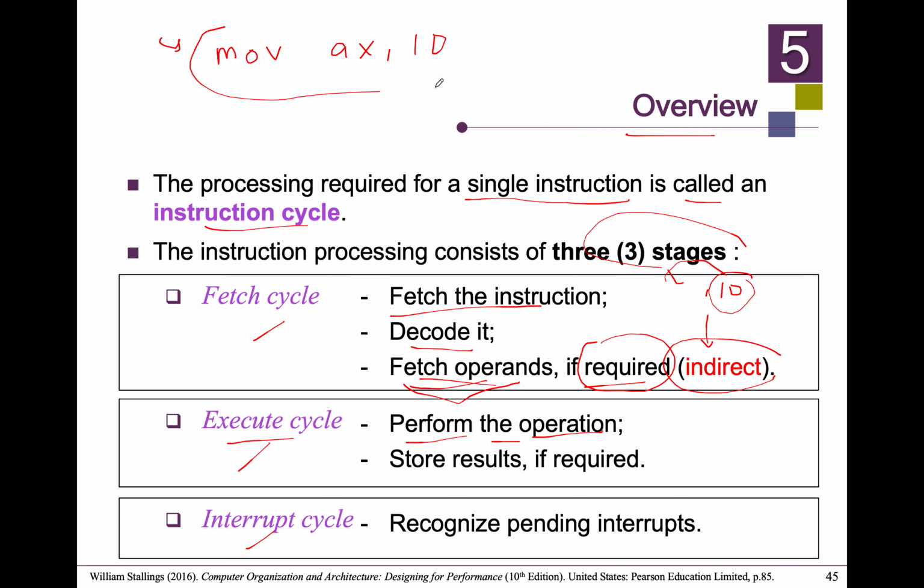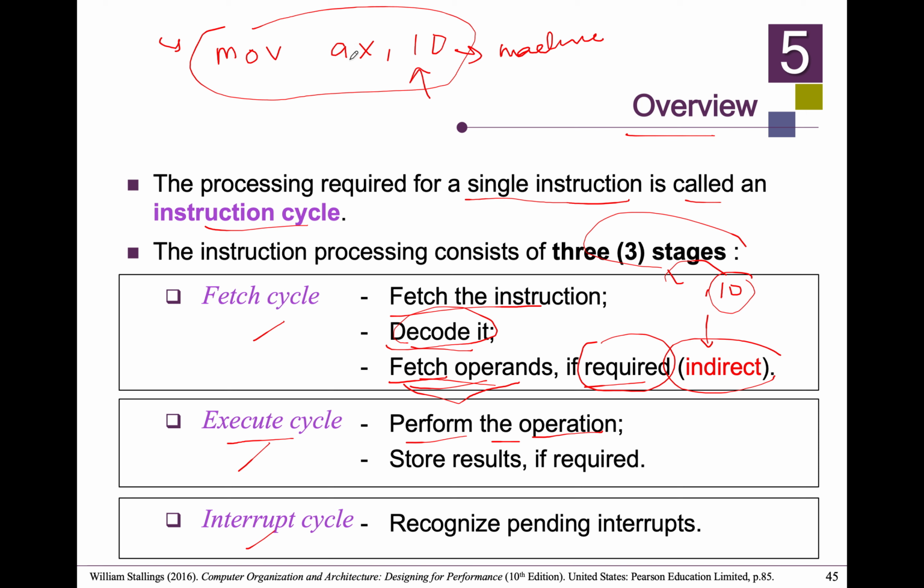You're going to decode this instruction to your machine language or any kind of decoded version, as long as your computer understands it. Then if necessary, it depends on what operands you are using. If indirect, then you need to use the indirect operation. After that, you're going to execute the cycle.